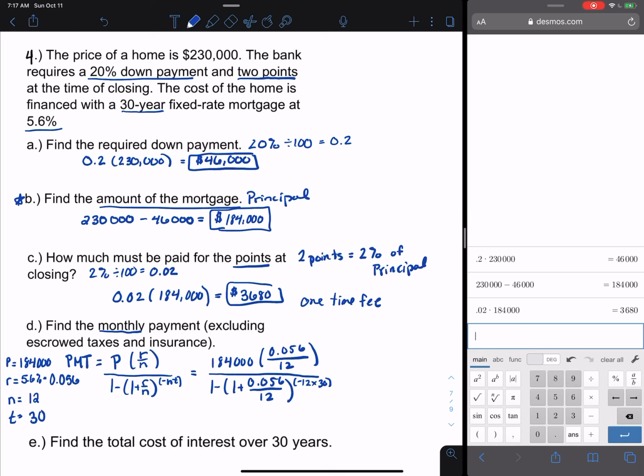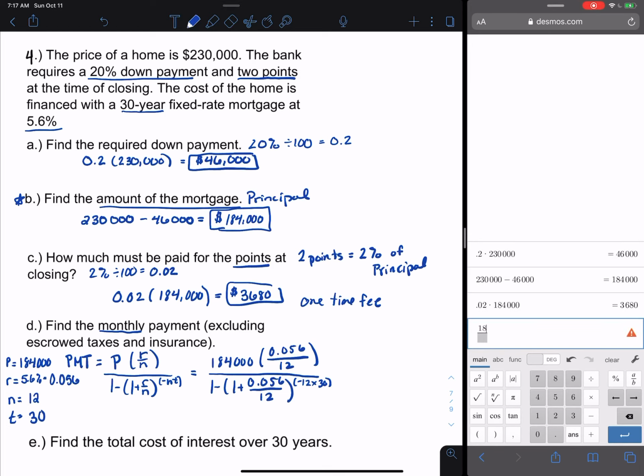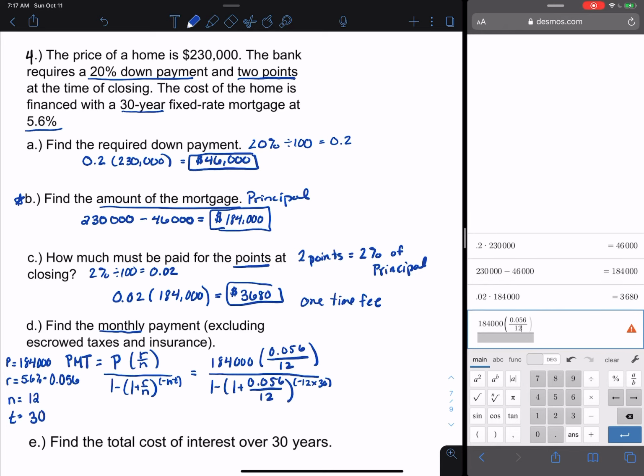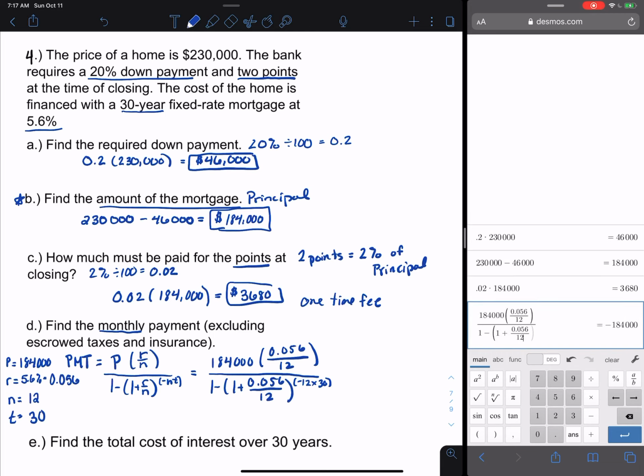Now I'm going to come over and plug that in the calculator. 184,000 times 0.056 divided by 12. Hit the right arrow and close those parentheses. Go to the denominator. 1 minus, open my parentheses, 1 plus 0.056 divided by 12. Hit the right arrow to get out of the parentheses and close them.